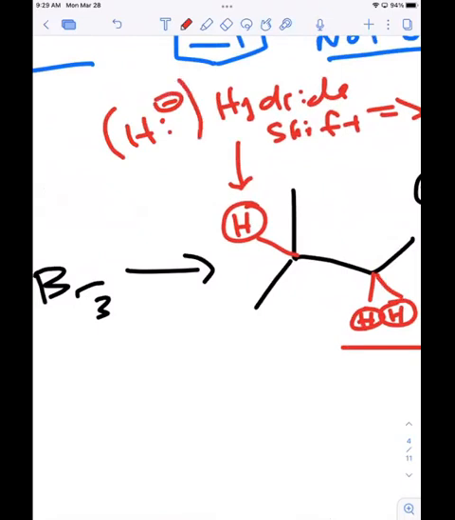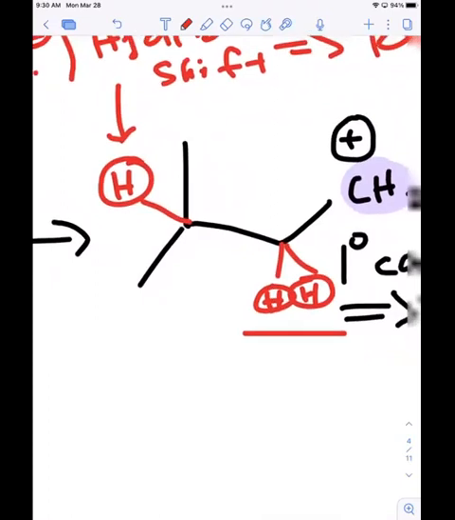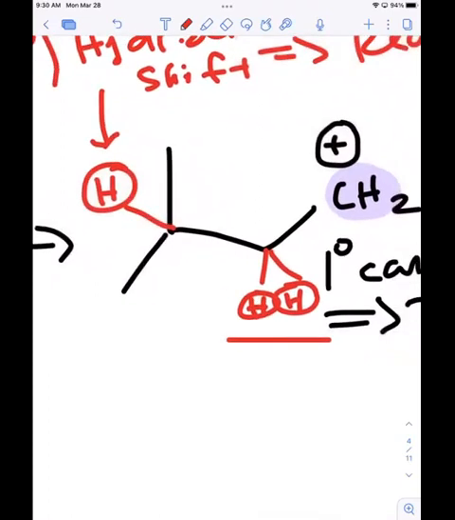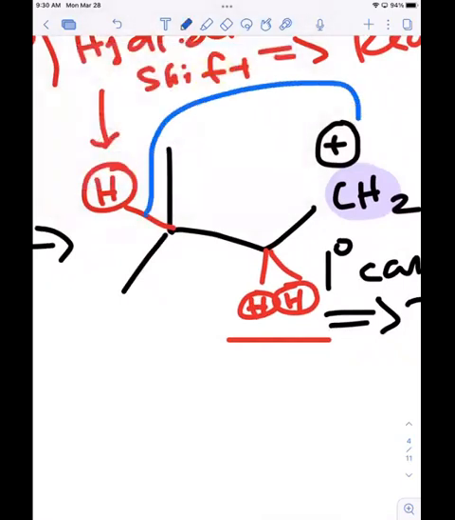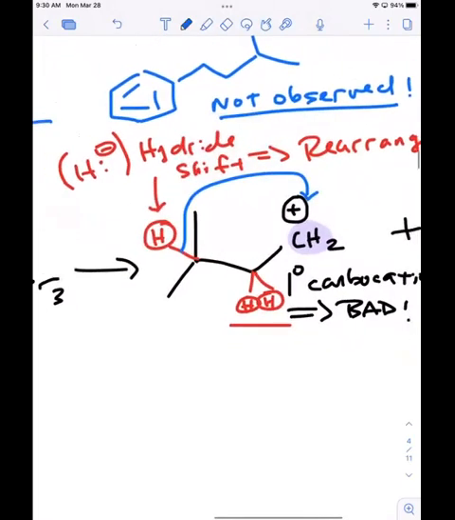All right. So in this case, we're going to take that hydrogen and the bond and the electrons in the bond and shift the whole thing over to where that carbon is. We're going to take this whole thing and shift it over to here. The electrons and the hydrogen go in a hydride shift.